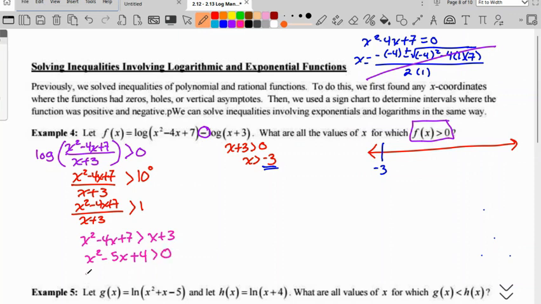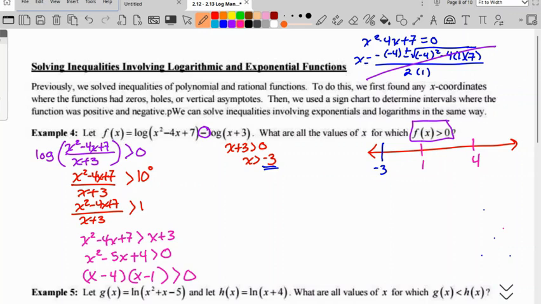Then we're going to factor that. Factors of 4 that add to make negative 5 are negative 4 and negative 1. So what critical values does that give me? That gives me 1 and 4. This expression has to be greater than 0, so the critical values are where it would equal 0, and so that's at x equals 1 and x equals 4. So there are our 3 critical values.